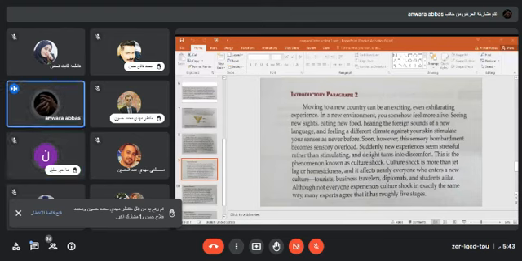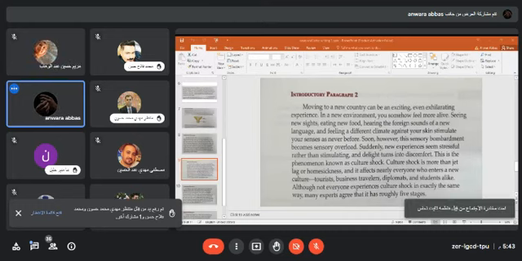So we are going to expect the writer to write about these roughly 5 stages of the cultural shock. So we are expecting 5 paragraphs, because each paragraph represents a certain stage of the cultural shock.